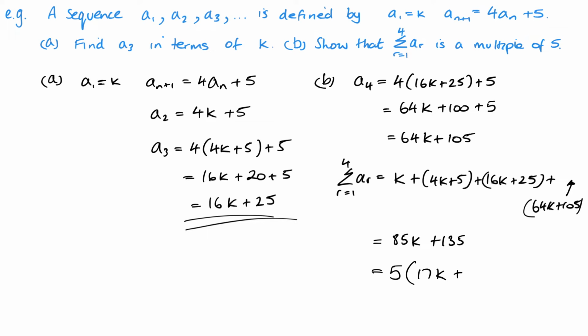And how many 5s go into 135? That's 27. So now I've factorised out the 5, it's got to be a multiple of 5, because 5 times anything is a multiple of 5. So therefore it is, or something along those lines. Just draw it together with some sort of sentence at the end.